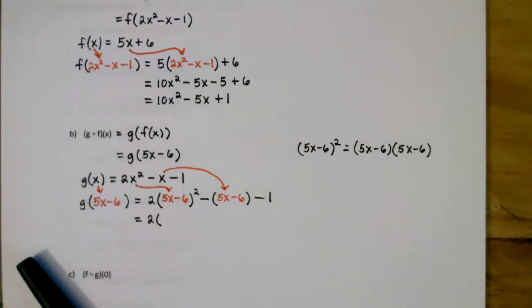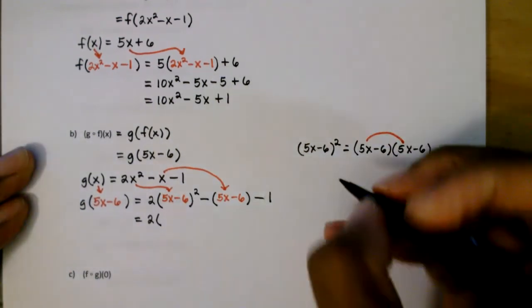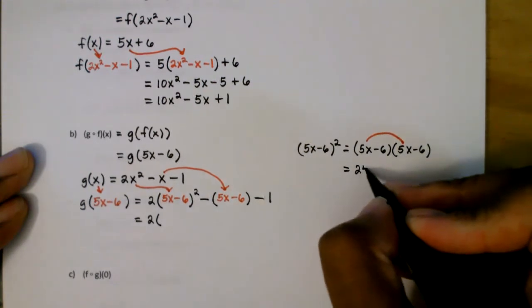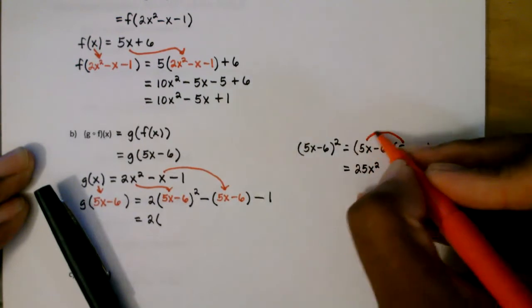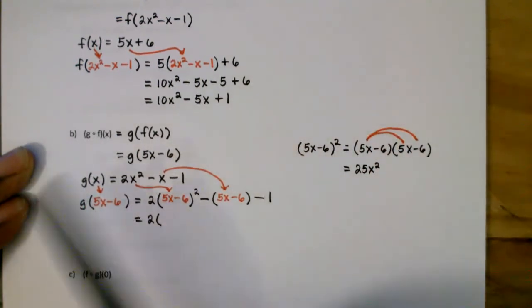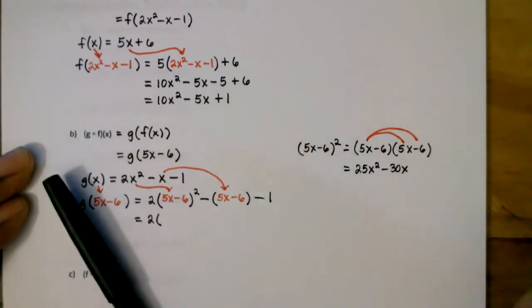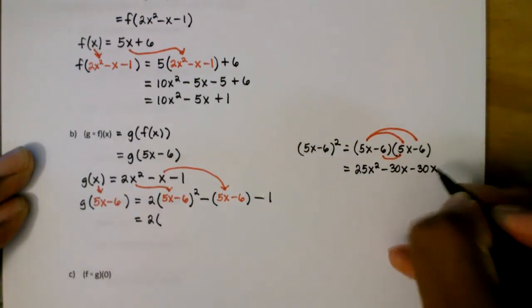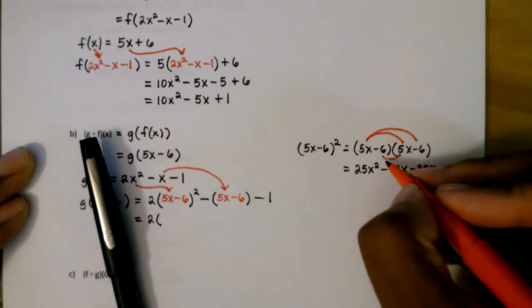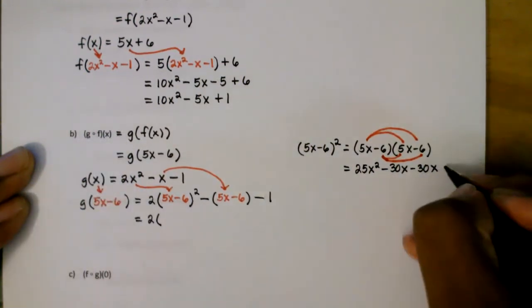So in this case, first times first, 5x times 5x, that's 25x squared. The outer 5x times a 6 will be a 30x. The inside 6 times 5x will be a 30x. And then 6 times 6 will be a plus 36.